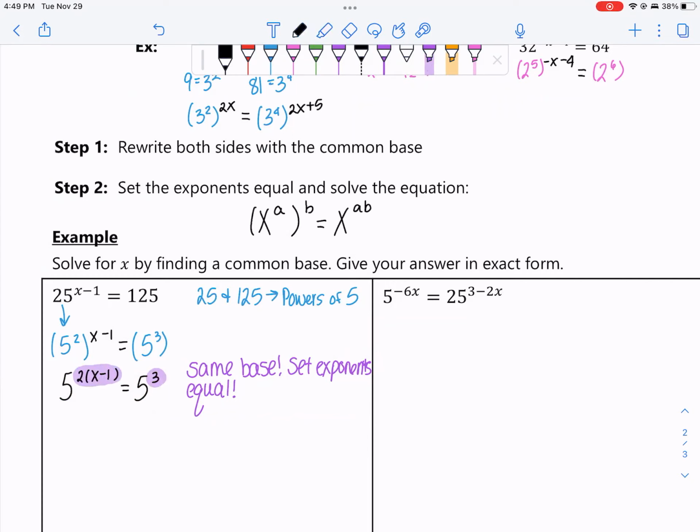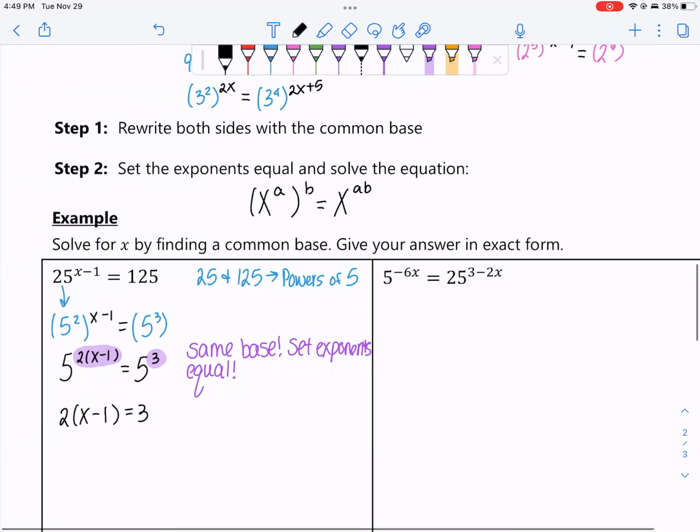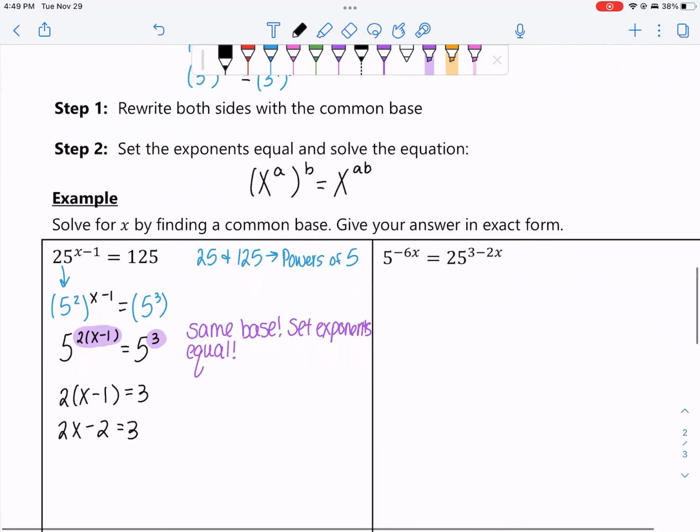All right, so that's all we'll do. We have 2 times x minus 1 equal to 3. If I distribute that 2 on the left-hand side, I get 2x minus 2 equal to 3. Adding 2 to both sides, I get 2x equals 5. Divide both sides by 2. X is equal to 5 halves.